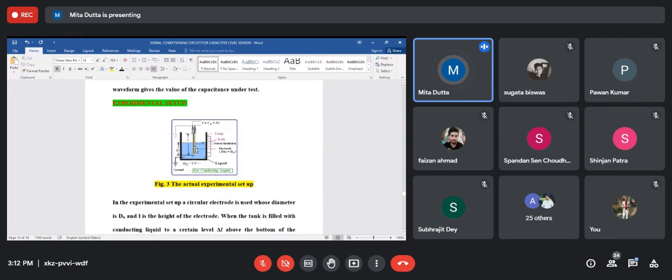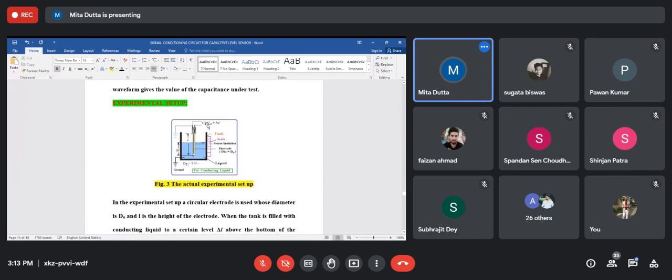So this will be the experimental setup. Here, this is the tank, and L will be the length of the capacitive sensor. D is the distance between them, D2, sorry, and the electrode diameter is D0, and this del L will be the level of the liquid.